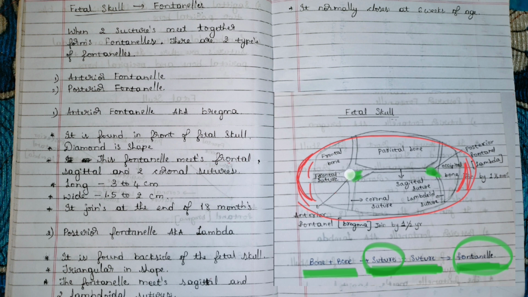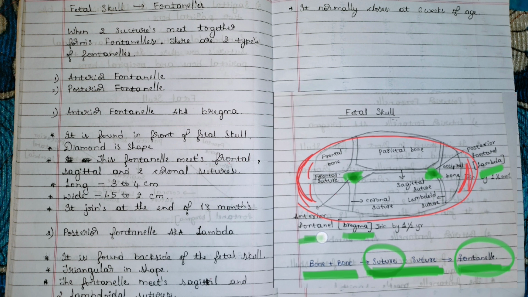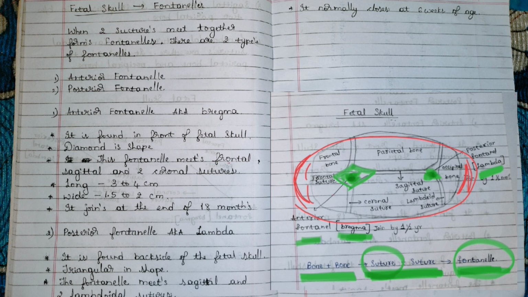One is anterior and one is posterior. The anterior fontanelle is also known as bregma, and the posterior fontanelle, which is present at the back of the head, is also known as lambda. The anterior fontanelle, you can see by the shape itself, is diamond in shape, whereas the posterior fontanelle is triangle in shape.